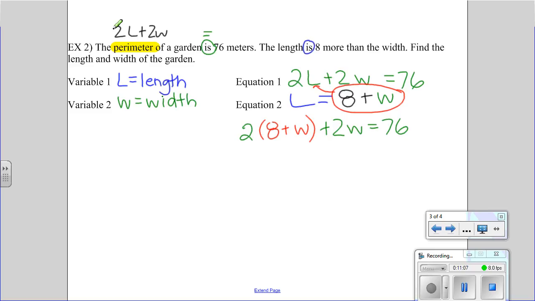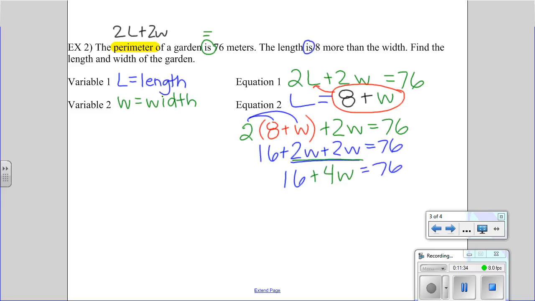Once I substitute? Distribute. Stephanie, what would I do after that? Good job. We combine those like terms. So 16 plus 4W equals 76.